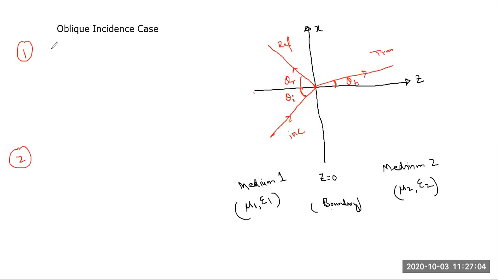The first case we call parallel polarization, and the second one is known as perpendicular polarization. Once you understand the difference, it will be easier to write down the mathematical forms for these two cases.